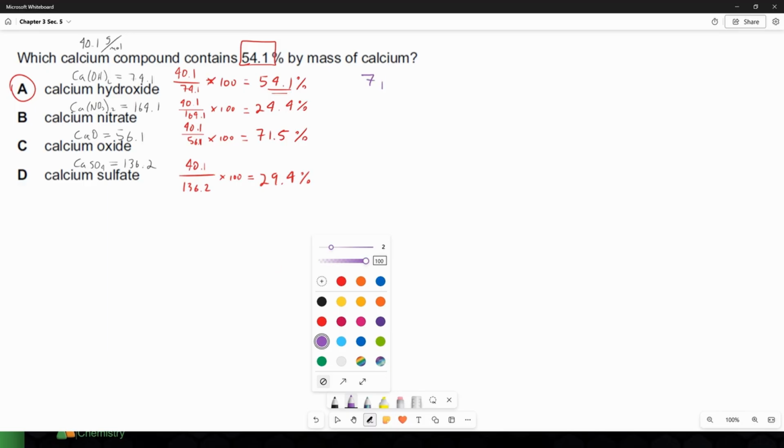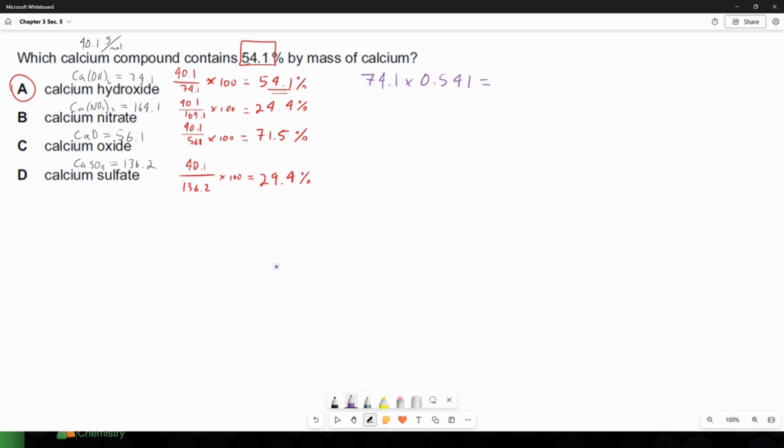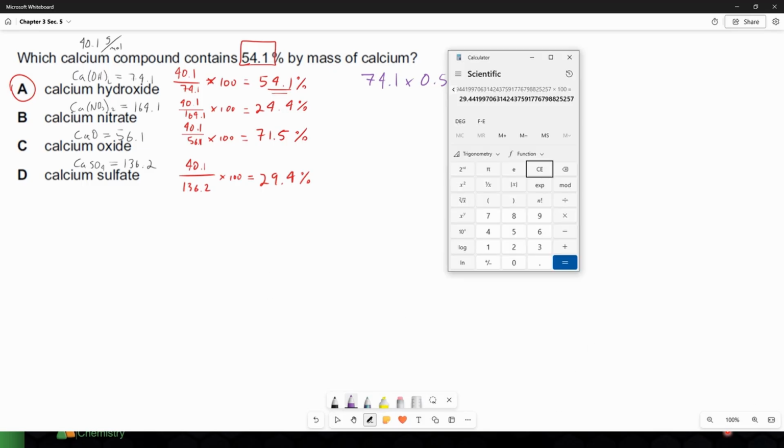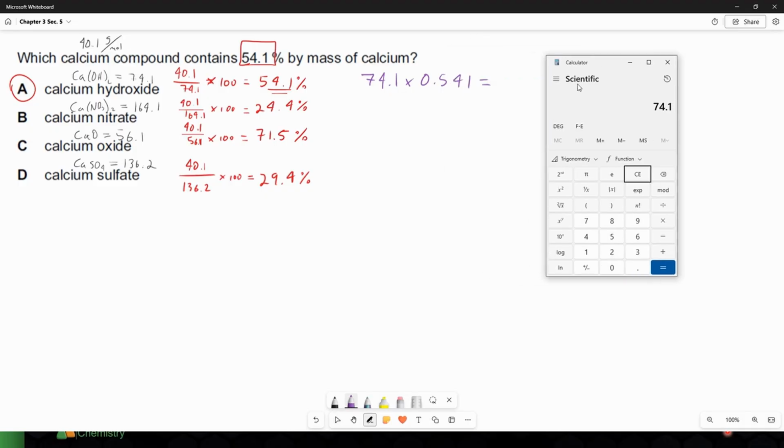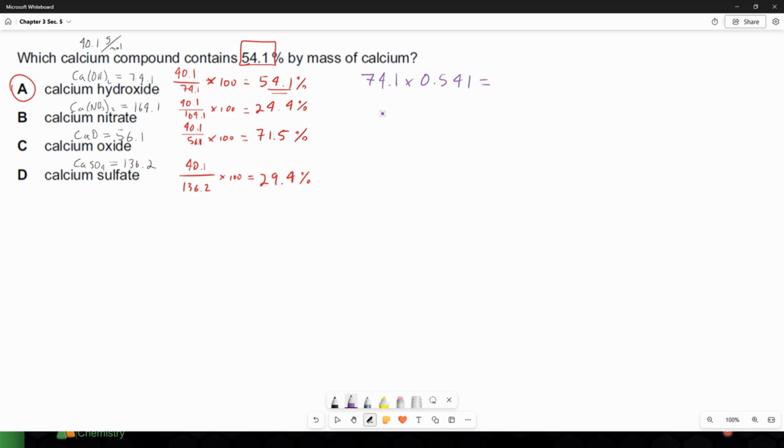If we do 74.1, which is the molar mass of calcium hydroxide, times 0.541, we get 40.09, which is very close to the molar mass of calcium. This will be the right answer.